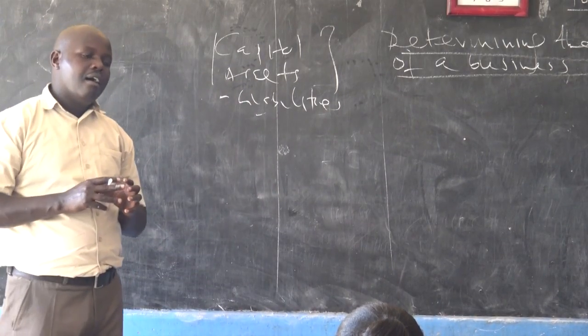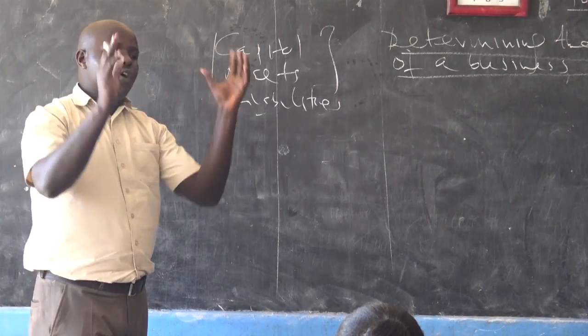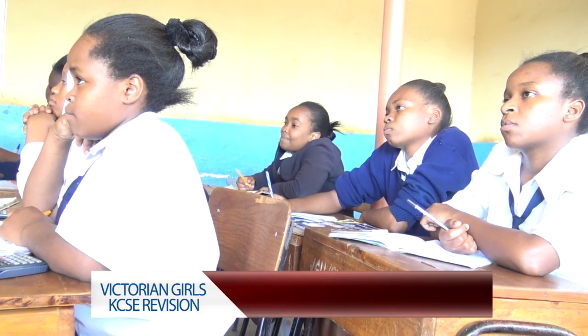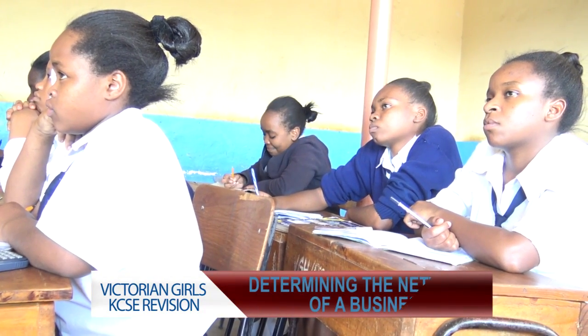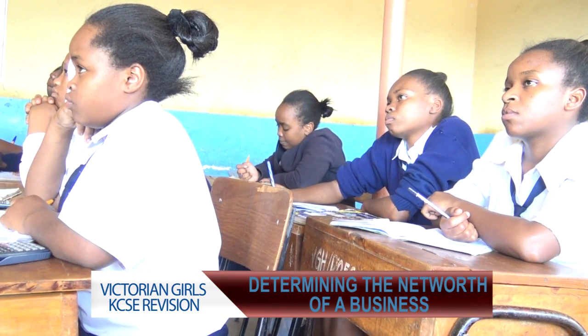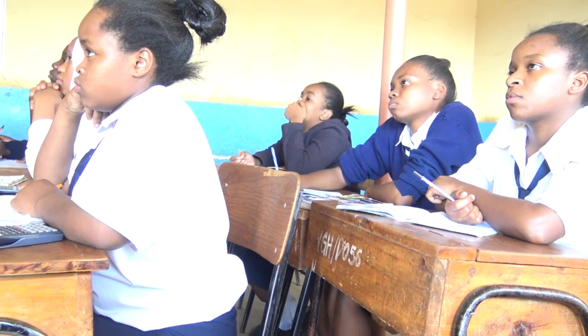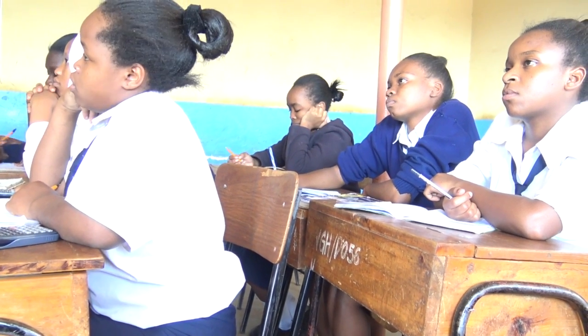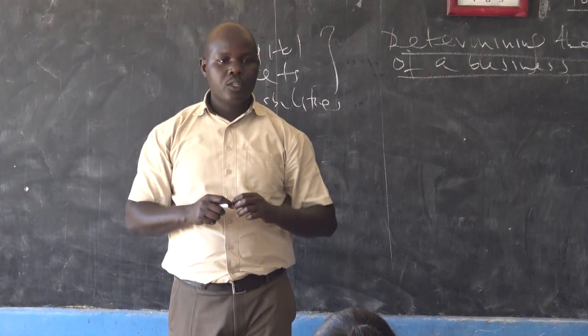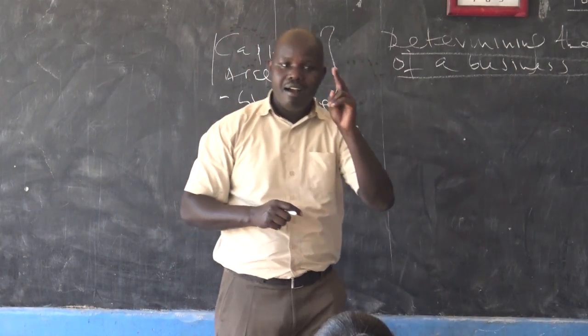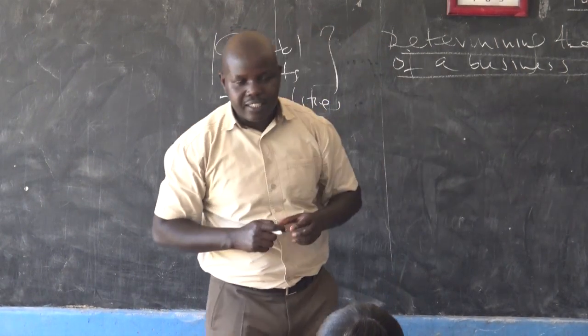What are assets? Assets are all the resources that are owned by the business. And assets are in two categories: one, fixed assets; two, current assets. What are fixed assets?